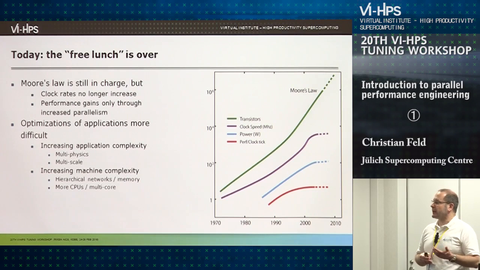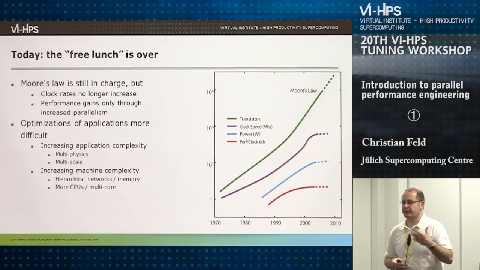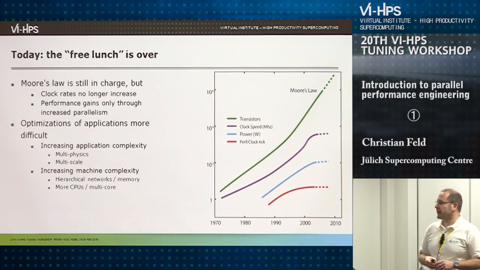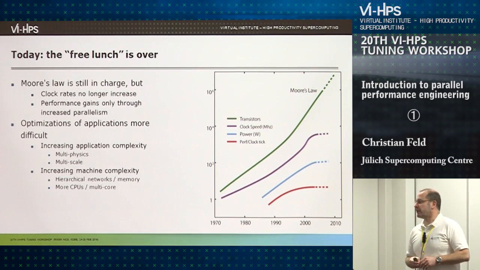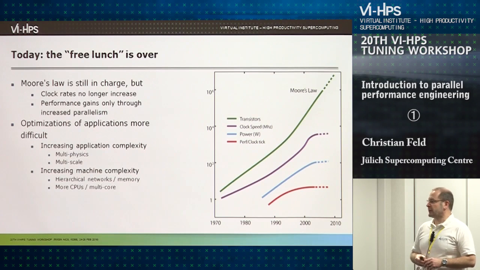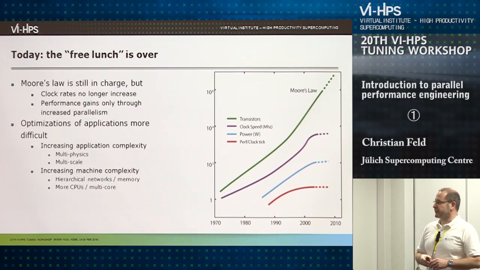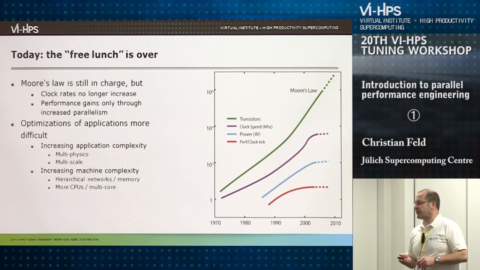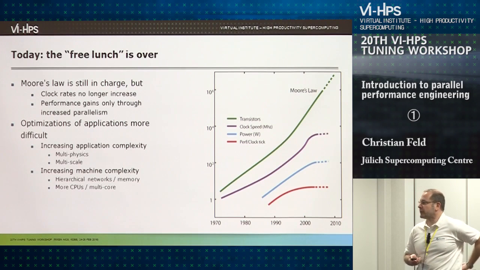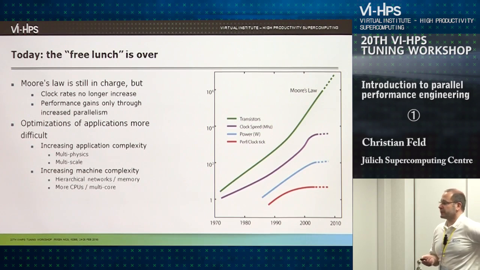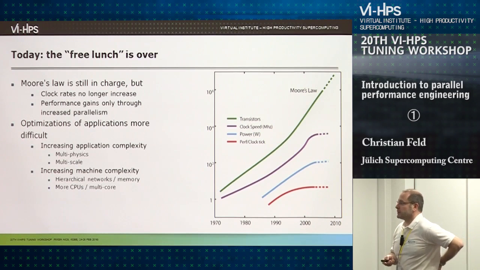From that time on, the number of transistors still doubled, but now you have not only one processing unit, but several. It started with dual-core CPUs, and now with the Xeon Phi, for example, you have a processor which has more than 60 cores on it. You have to program these cores, so you have to go parallel.